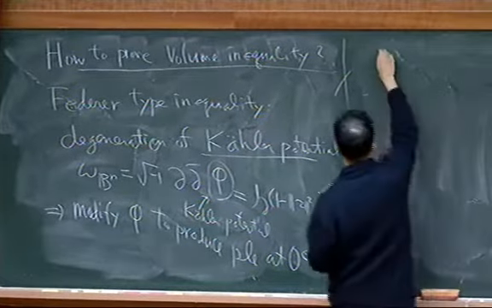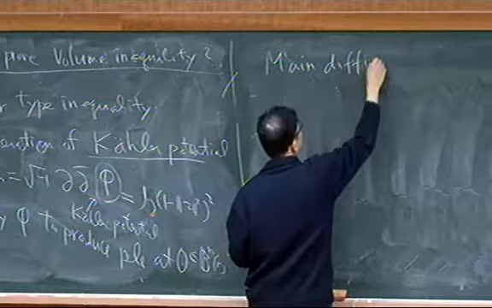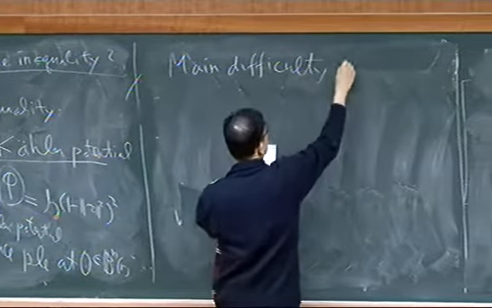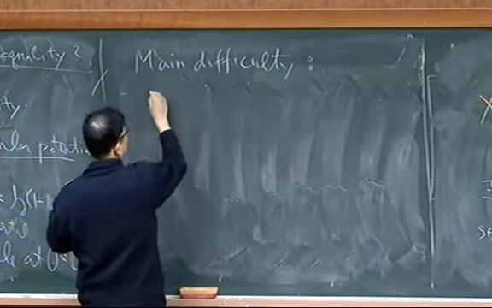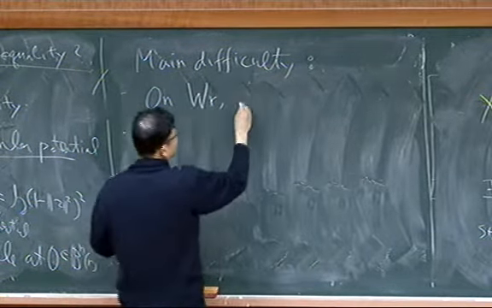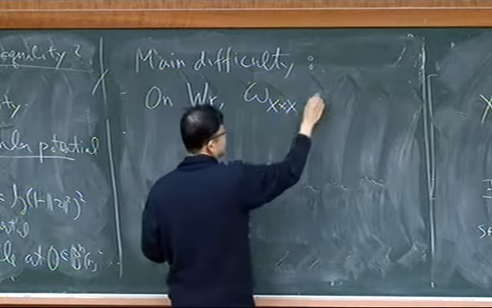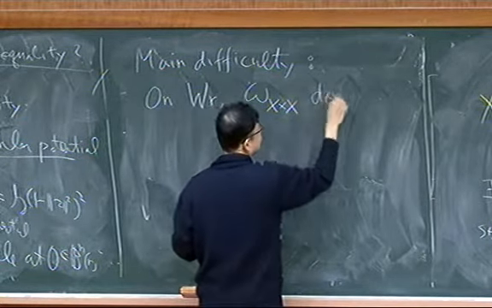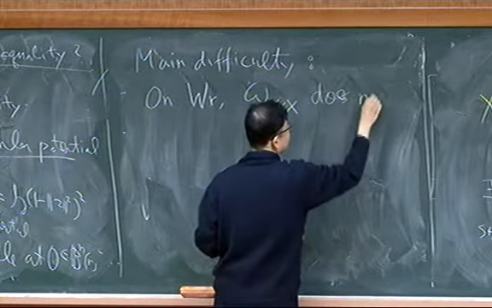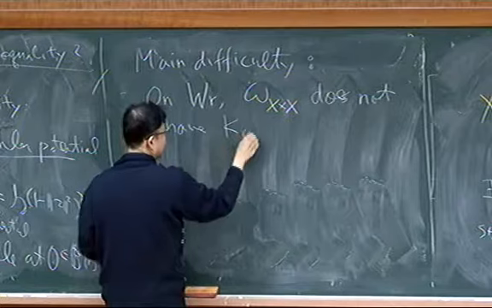So the main difficulty is on this WR, the Kähler form does not have Kähler potential.